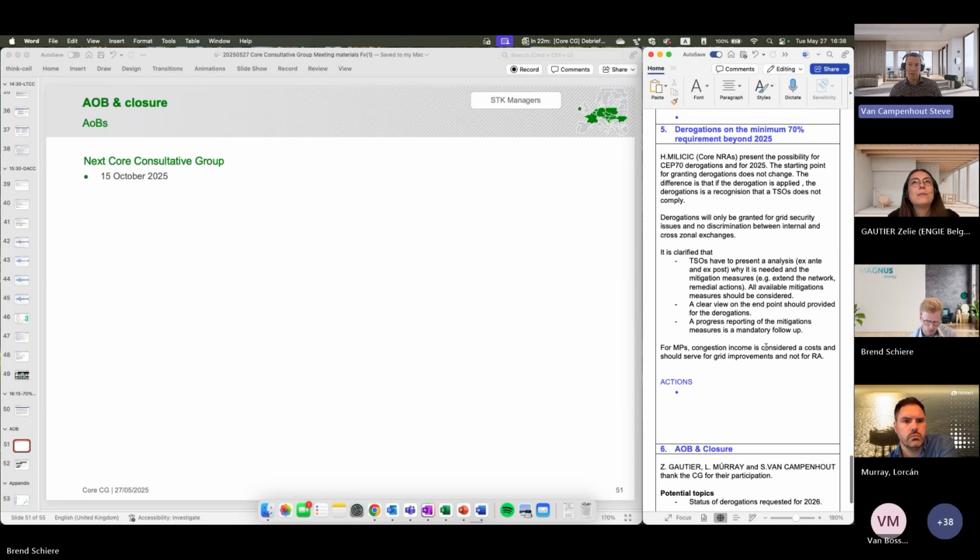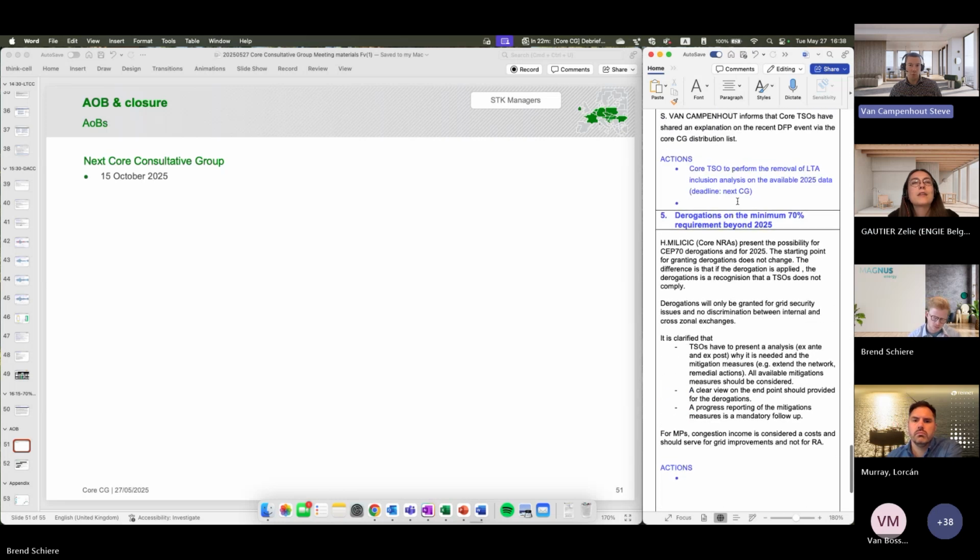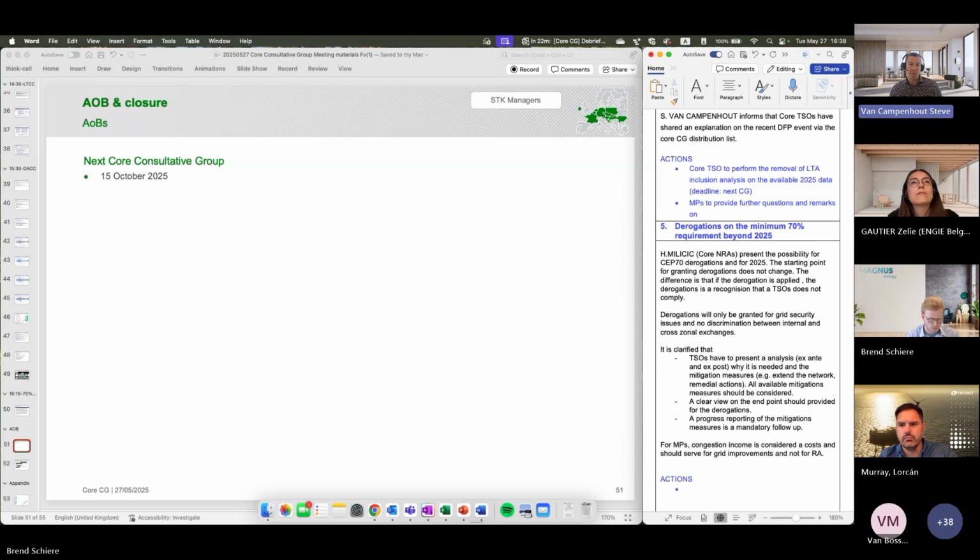Yes, so I understand that you will deliver us additional input on the topic of removal of LTA inclusion, and then we can connect it to the public consultation. So let's take it step by step.